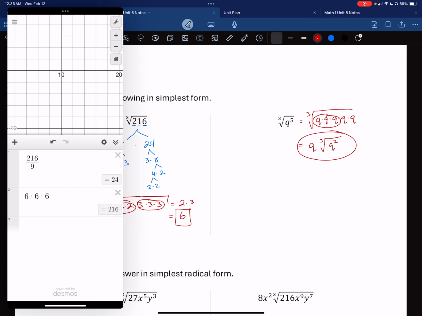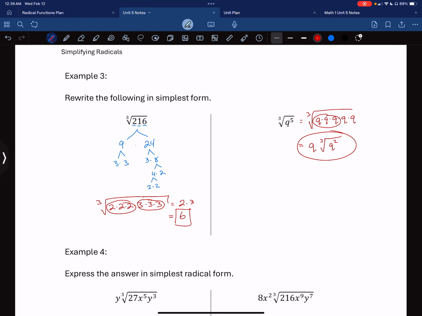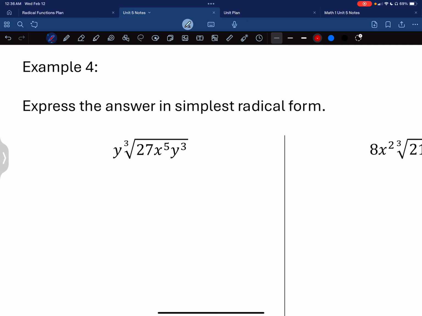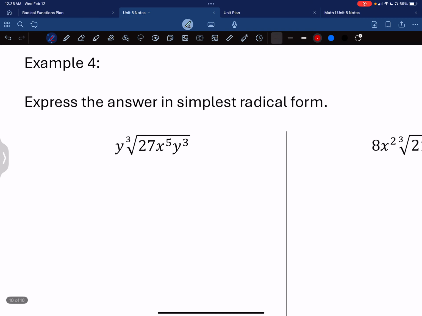Let's get the calculator out of the way. All right, so last example, last 2 problems. Let's drop down. I'm just going to break this problem up into its prime factors. So we can write this as y times the cube root of, well, 27 can be written as 3 times 3 times 3. 9 times 3, and 9 can be broken down into 3 times 3.